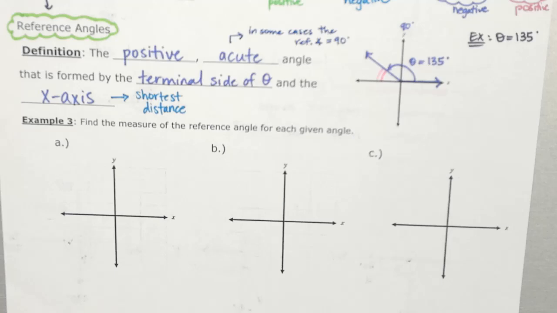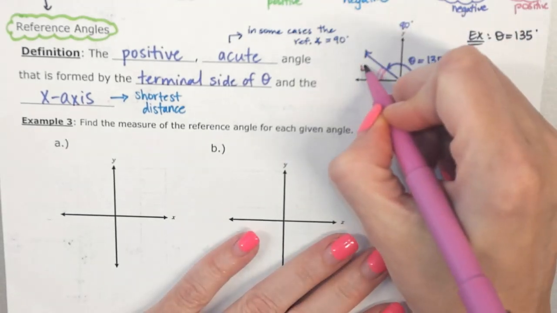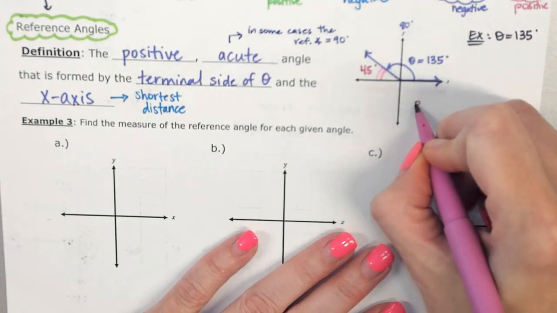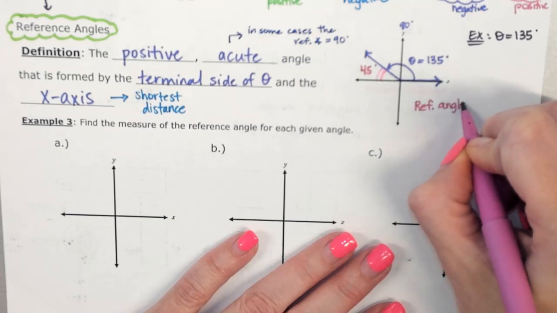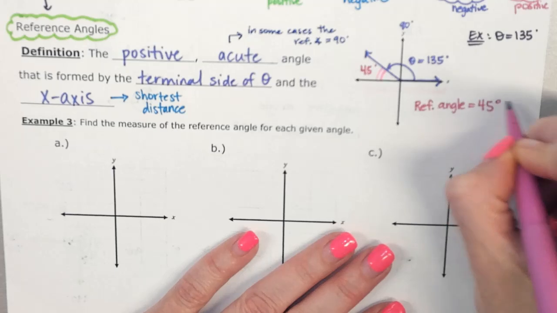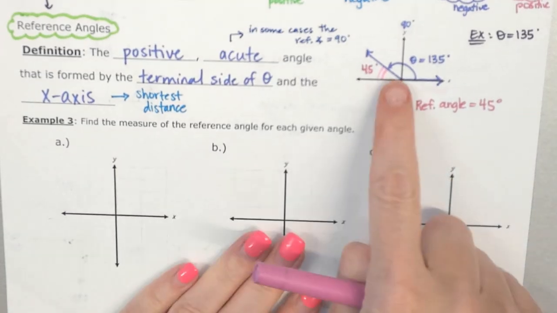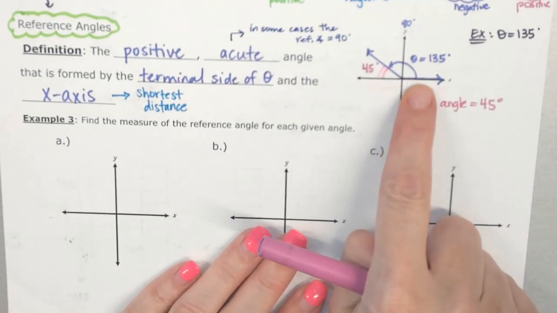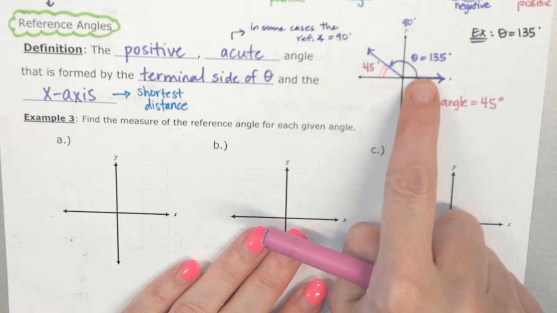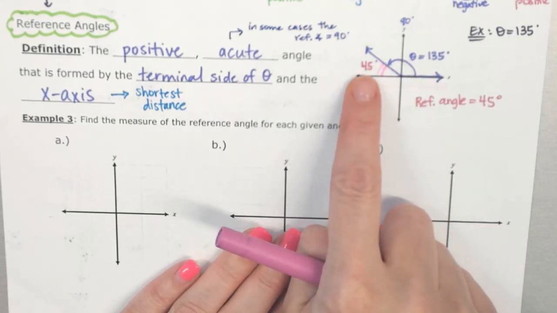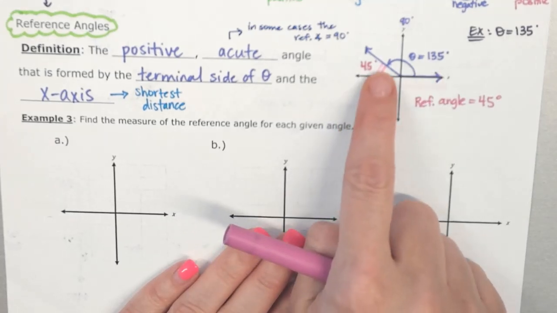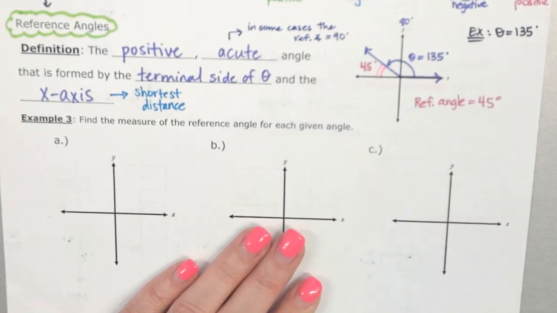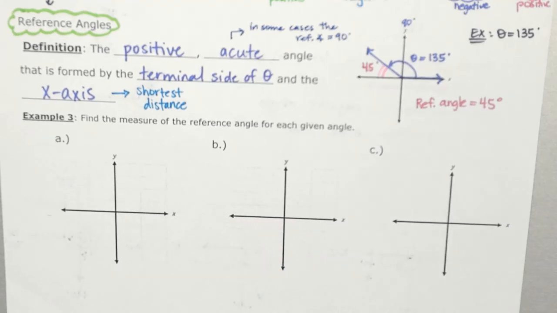Okay, so your reference angle is going to be the 45 degrees. Okay, because the distance from the terminal side to this part of the x-axis is 135. And then how did I know this is 45? Yeah, 180 minus 135. Okay, because you know the straight line is 180.